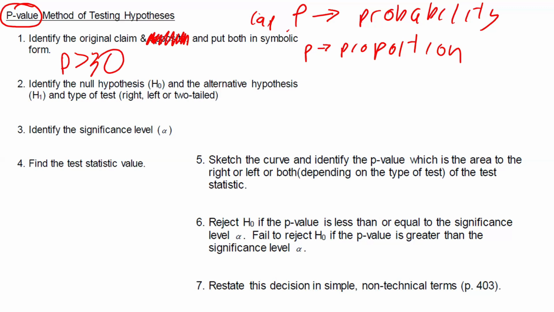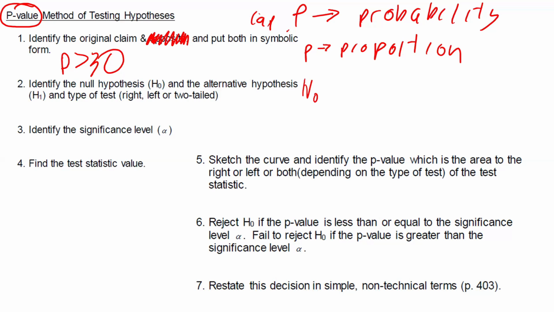Then you want to identify the null and the alternative hypothesis. Remember, your null hypothesis always has what type of sign in it, everybody? This is important. We spend a lot of time talking about it.